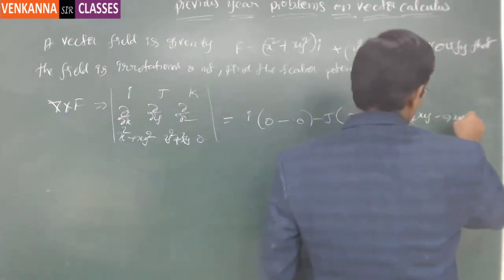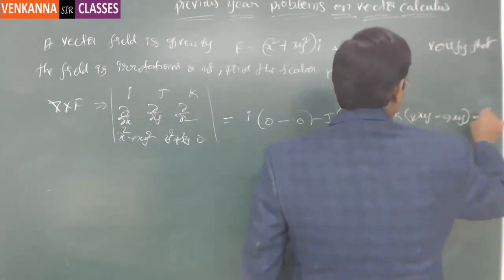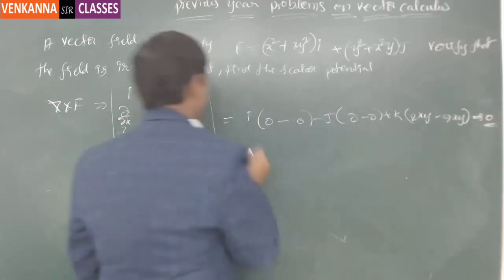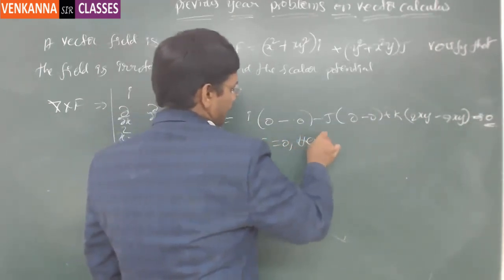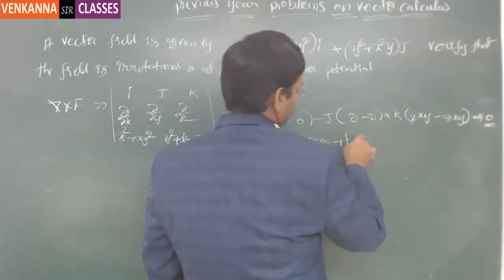So this is going to be 0. Here del cross F is coming out to be 0. Hence the flow is irrotational.